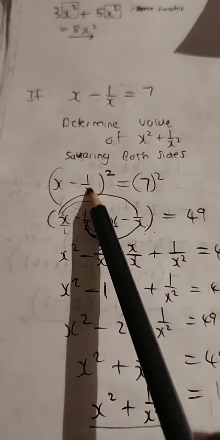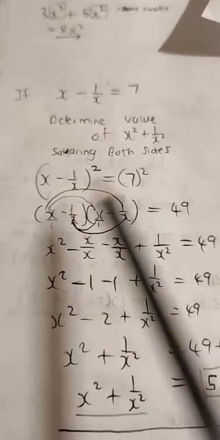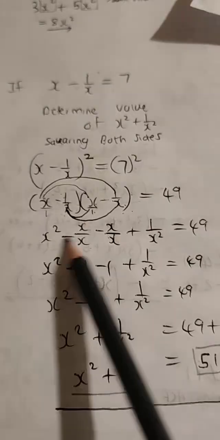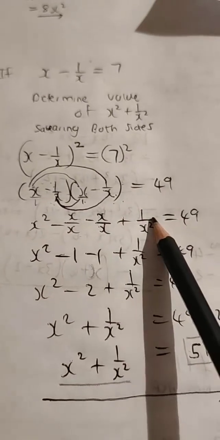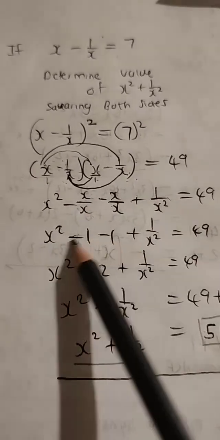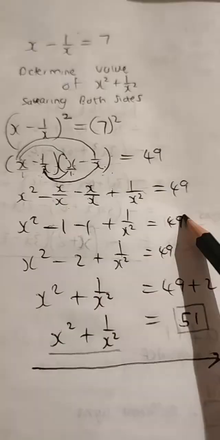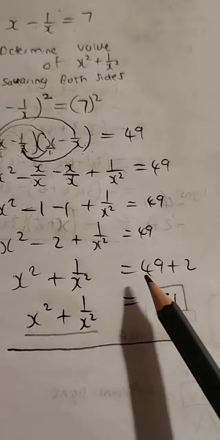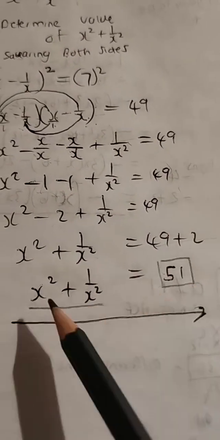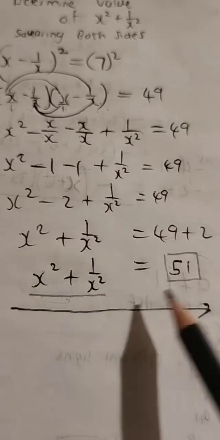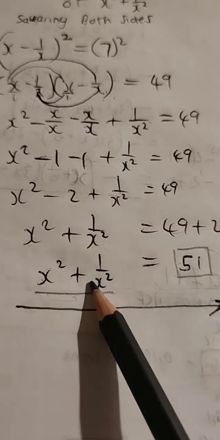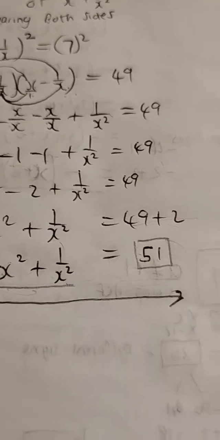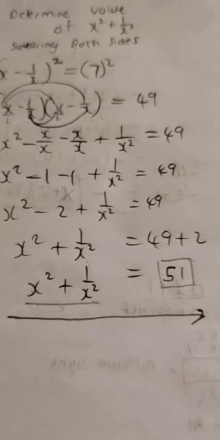So I took the x minus 1 over x, which is equal to 7, squared both sides, expanded it, multiplied it out, added and subtracted the like terms, transposed the negative 2 over to the other side, became plus 2, added the 49 to the 2, got 51. And then the expression of x squared plus 1 over x squared gives me a specific value of 51. So what is the value of x squared plus 1 over x squared? It is equal to 51.